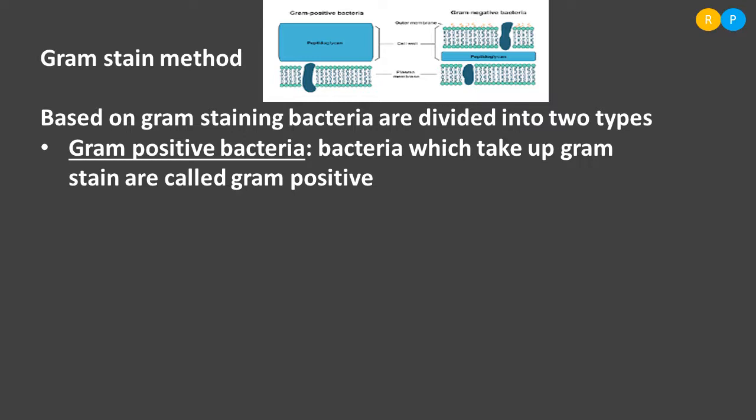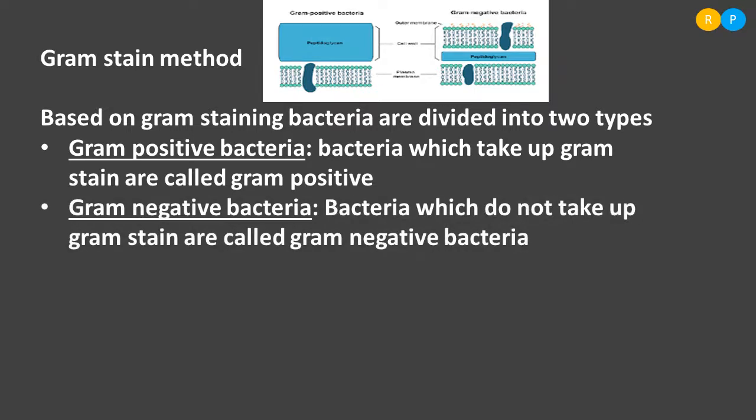Because of that, they are named as Gram positive bacteria. Understood? And another group of bacteria is called Gram negative bacteria. Gram negative bacteria do not take up Gram stain and they appear pink in color, so they are named as Gram negative bacteria.